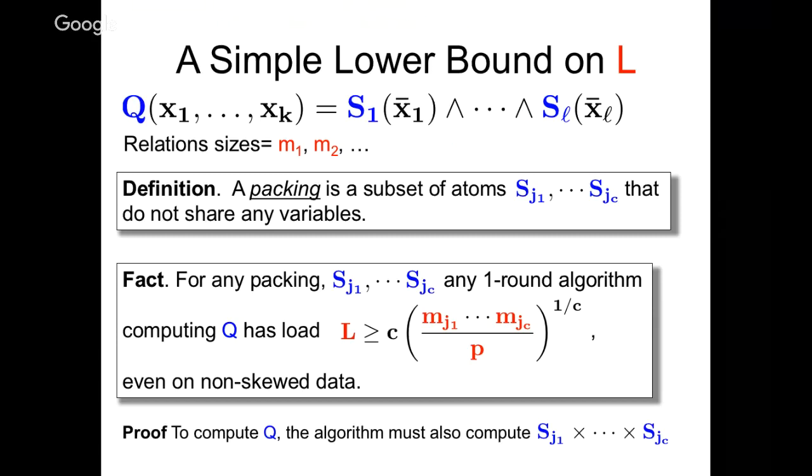So unless they send the tuples such that all the tuples in the cross product of these relations sit on one server, you can modify the other input relations to ensure that this tuple will actually participate in an output, and then the algorithm is not going to be able to report that output. So for any packing, the algorithm must have a load of at least this formula.